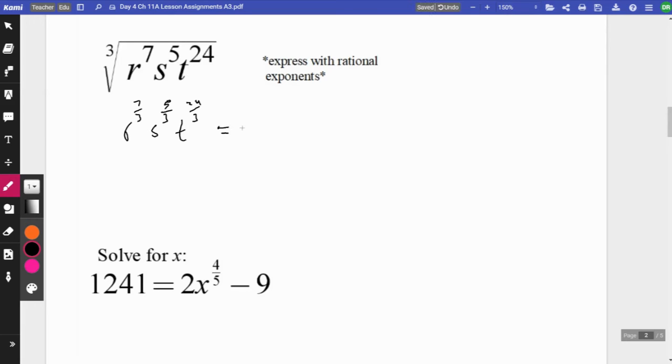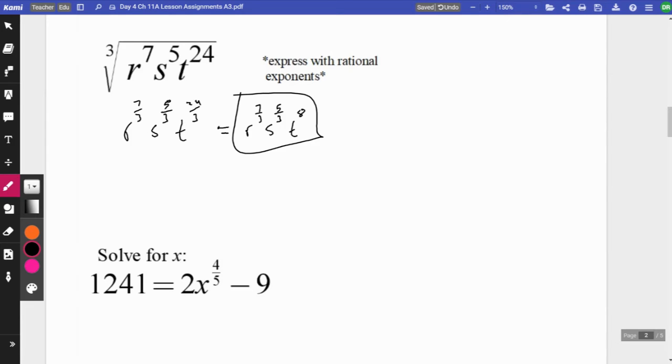There's nothing to reduce for r in terms of its fraction. Same with s. T I can reduce to the 8th power, because 24 divided by 3 is 8. So r to the 7/3, s to the 5/3, and t to the 8th.